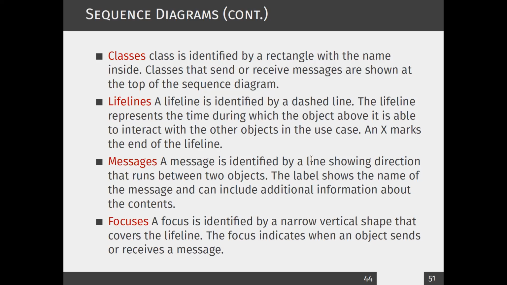Finally, you have focuses. You can have small vertical boxes, which cover the timeline and indicate when the object sends and receives messages. So the focus area indicates when it will send or receive messages.